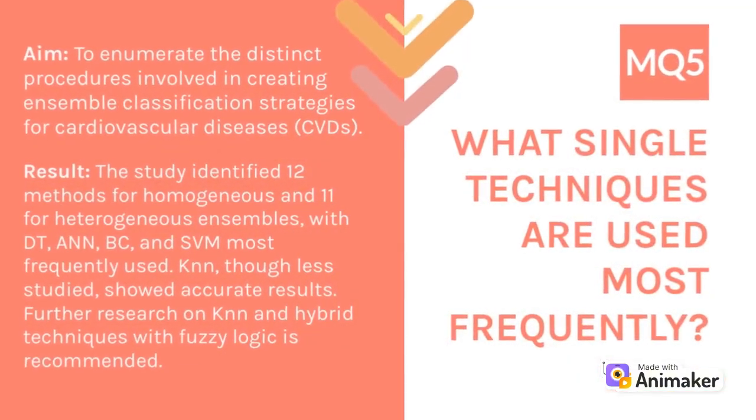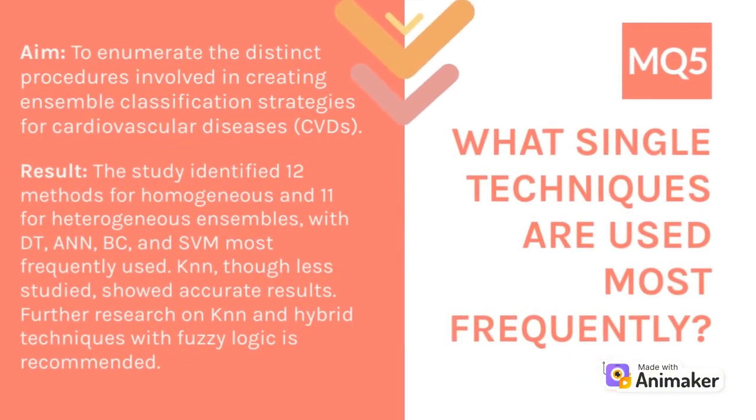MQ5 aimed to enumerate the distinct procedures involved in creating ensemble classification strategies for cardiovascular diseases, CVDs. The study identified 12 methods for homogeneous and 11 for heterogeneous ensembles, with DT, ANN, BC, and SVM most frequently used. KNN, though less studied, showed accurate results.